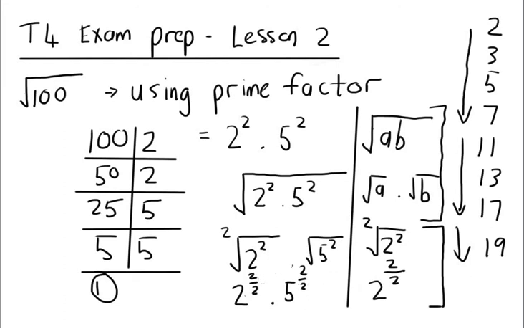And we know that's equal to 1, so it's basically 2 to the power of 1 multiplied by 5 to the power of 1, and that answer is equal to 10. And we know that the square root of 100 is equal to 10, because 10 times 10 equals 100. But this is the way that we find the solution, by using prime factors.